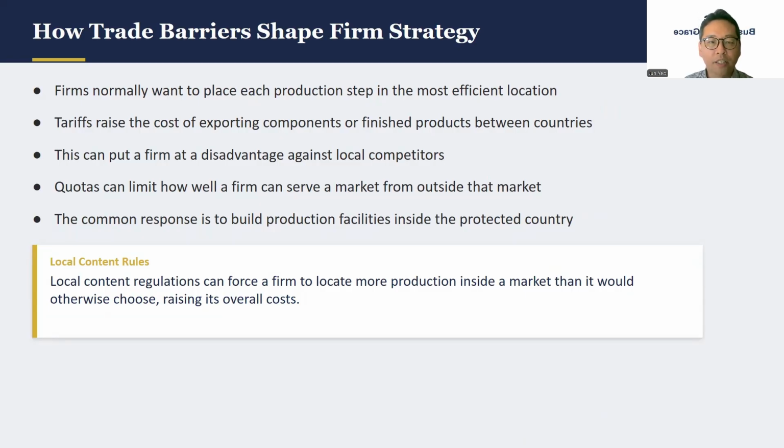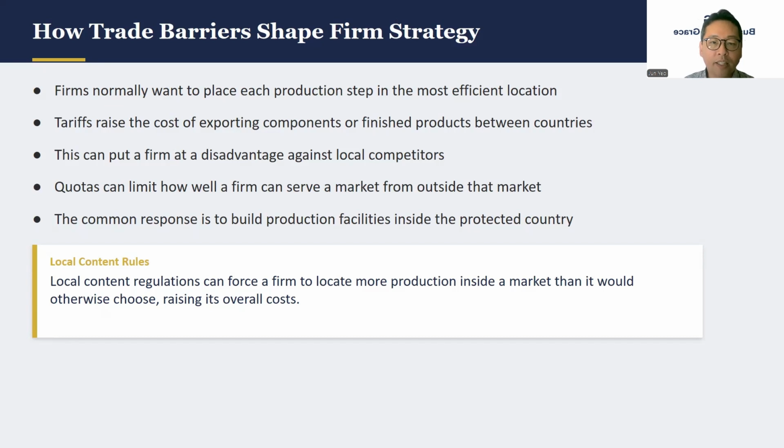Trade barriers get in the way of this plan. Tariffs raise the cost of exporting components or finished products across borders. This can put a firm at a real disadvantage compared to local competitors who do not pay that tariff.